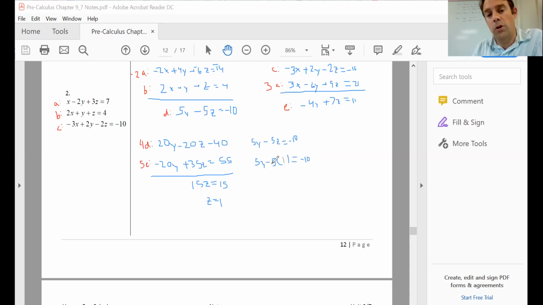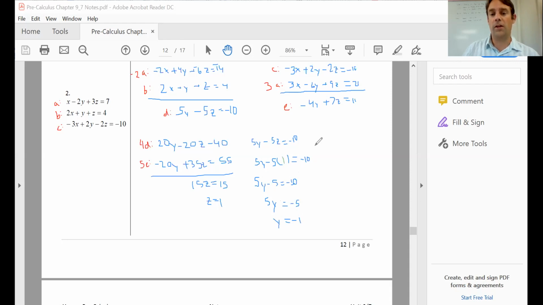So z was 1. There we are. So 5y minus 5 equals a negative 10. 5y equals negative 5. And y equals negative 1.